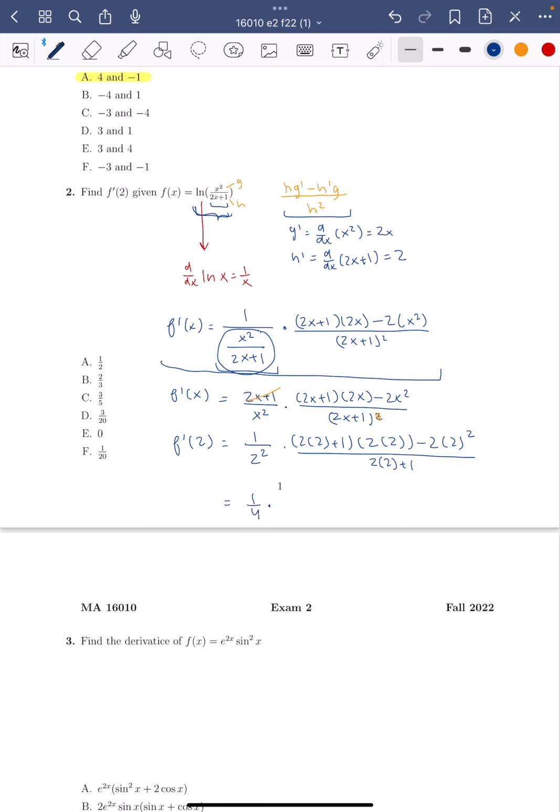This would be 1 over 4 times 2 times 2 plus 1 is 5, 2 times 2 is 4, 5 times 4 is 20, minus 2 times 2 squared, which is 2 times 4, is 8, and then all over 5. So 20 minus 8 is 12, over 4 times 5 is 20. Divide that whole thing by 4 to simplify, and we get an answer of 3/5, or C.